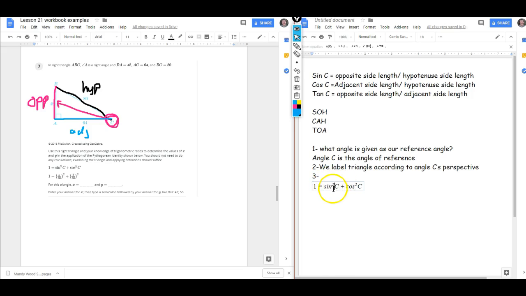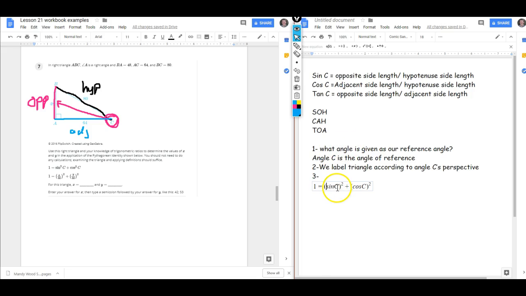This can be rewritten also, just so you know. In math, traditionally though, they do like to put the squared between the sine and the angle, but it can also be rewritten as cosine of C, and it would look like this: cosine of C squared. So this one would actually have parentheses written around it too, and that might actually help clear up a few things that we're doing.